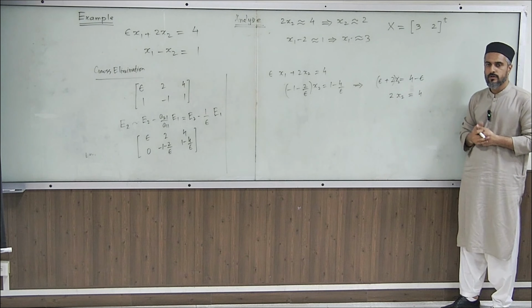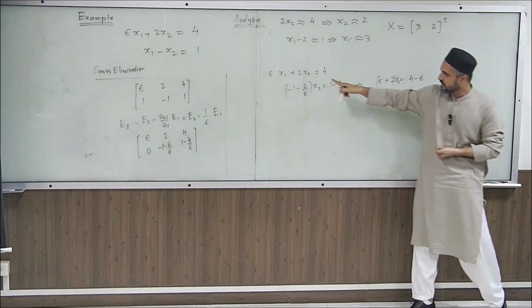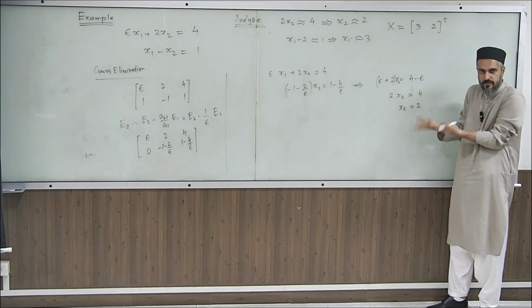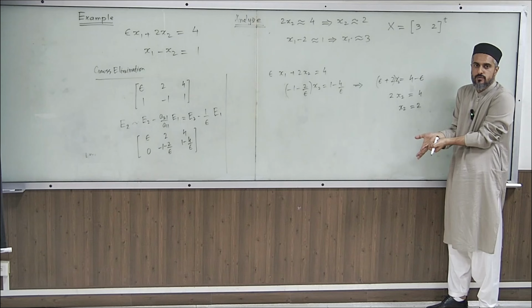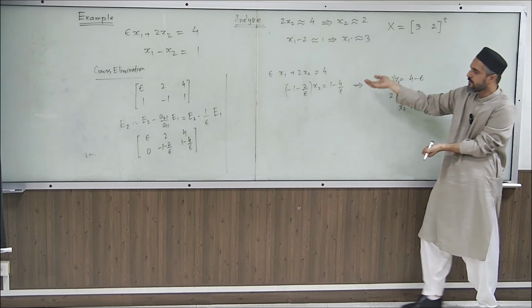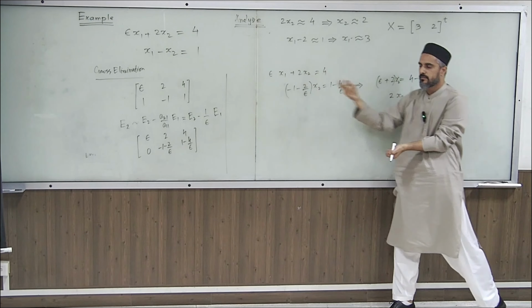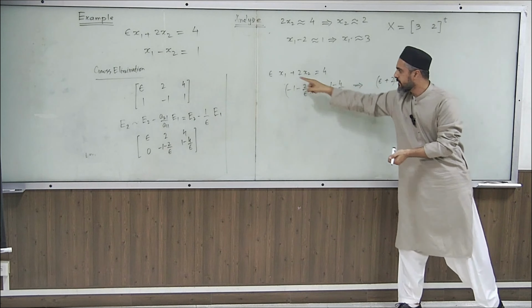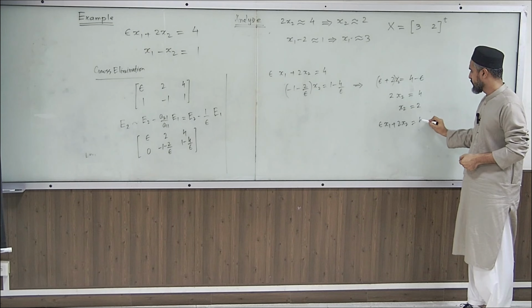I use the equality sign here, okay, so we got x2 as 2. Now we use x2 as 2 in this equation, because once we have the value from the last equation, we plug it into the second last equation, which is ultimately the first one. So if I plug this value in, epsilon x1 plus 2x2 is equal to 4.